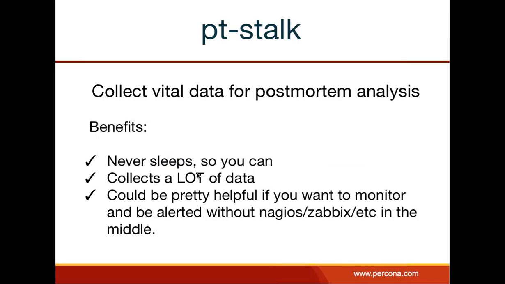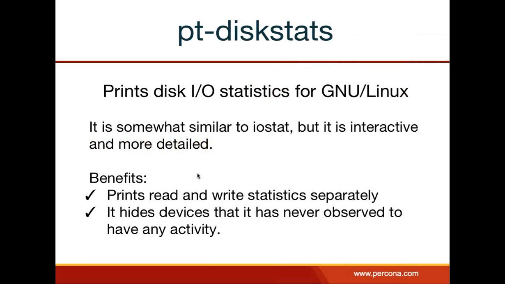Okay. Now pt-diskstat. pt-diskstat prints IO statistics. It's like iostat for the ones that are familiar with this tool, but it's interactive and has more details. The benefits are that it prints read and write statistics separately. That's pretty good.